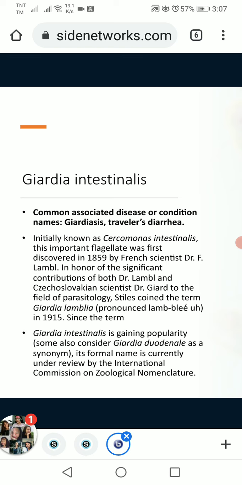If you read on other references, pag nakabasa kayo ng lamblia or Giardia duodenale, it is still referring to Giardia intestinalis. Siya lang yung bukod tangi na pathogenic na flagellates. It causes diarrhea or also known as traveler's diarrhea.